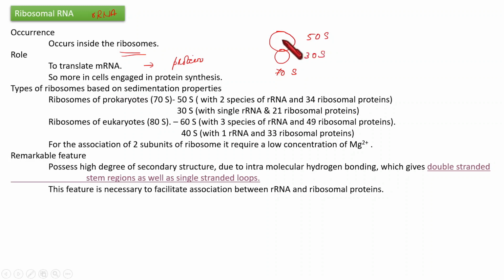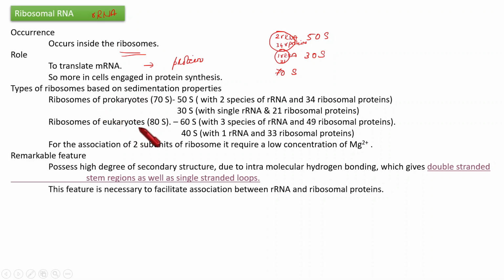Inside the 50S subunit, there are two rRNA and 34 ribosomal proteins. Okay. And what about the small subunit? In the small subunit, that is the 30S subunit, there is only one ribosomal RNA and 21 ribosomal proteins. That's about the prokaryotic ribosomes.